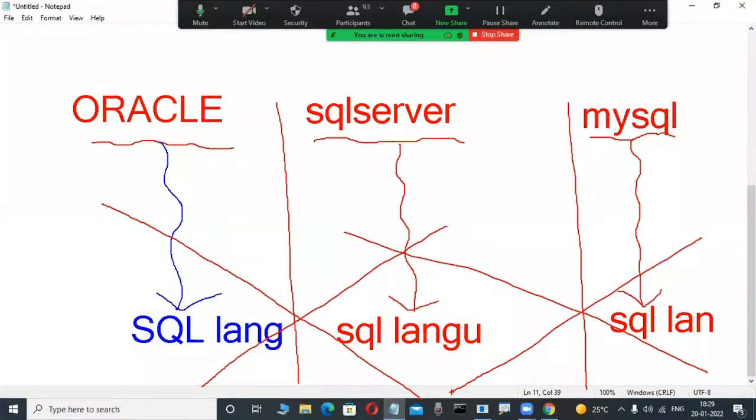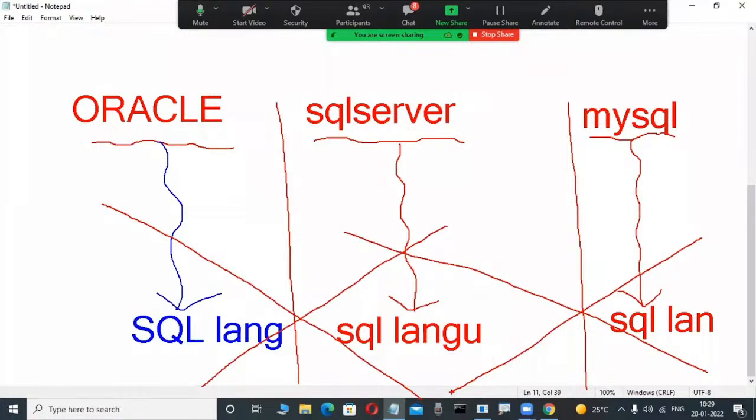Maybe in your academic career, in DBMS theory or some projects, you learned small databases, and commands like insert, update, delete and select are the same in the SQL language. That's why you think they are the same. But unfortunately, these are totally different.